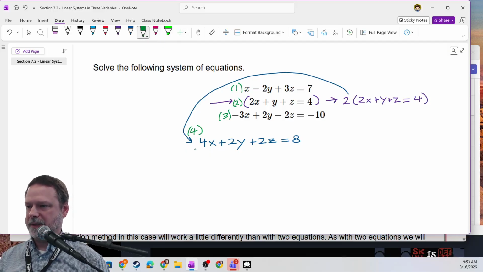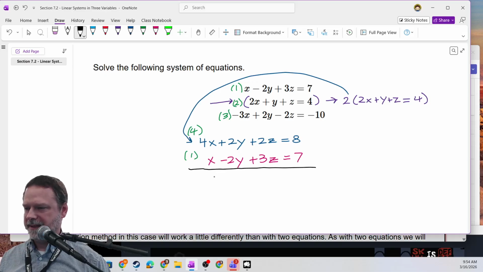So let's get 1 and 4 together, and let's add them up. So let's see here. 1 is x minus 2y plus 3z equals 7. And now we add those up. What shall we get?